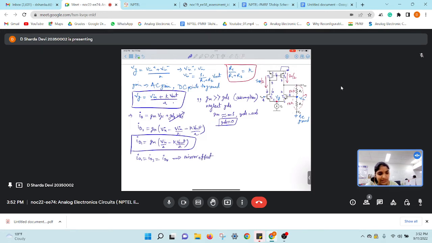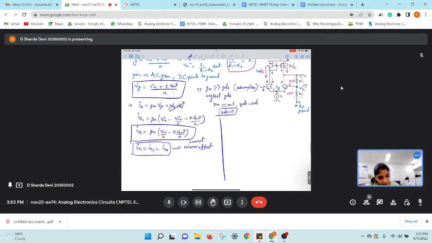This is how current mirror circuits work, right? So this is clear now? So ID1 is equal to ID2 is equal to ID3 and ID4. Okay, so up to here we got one current.